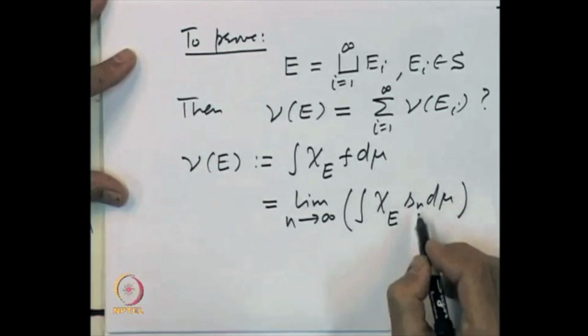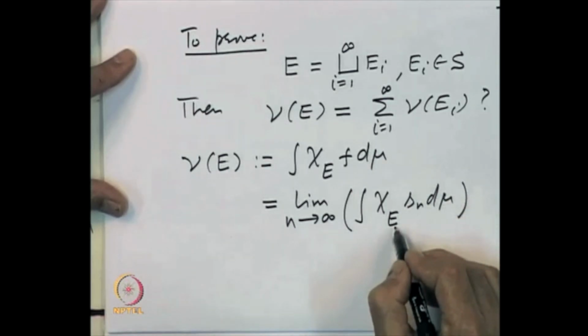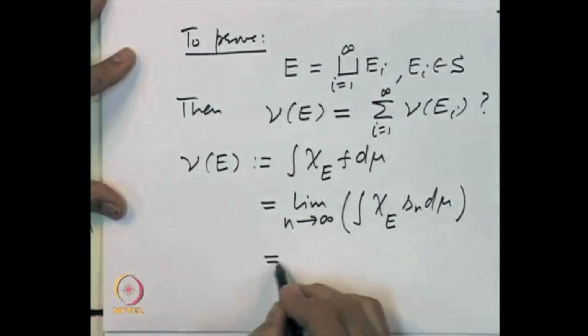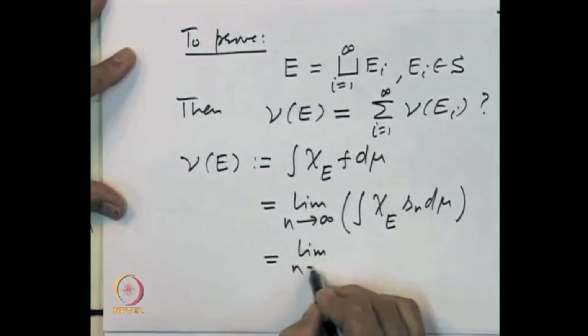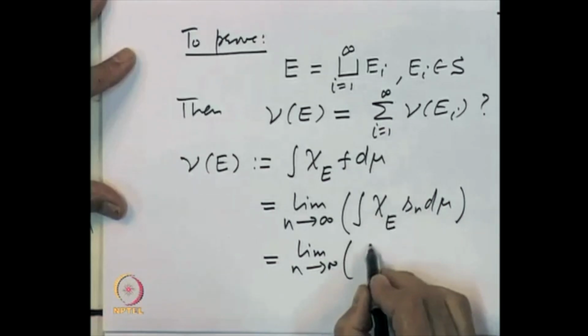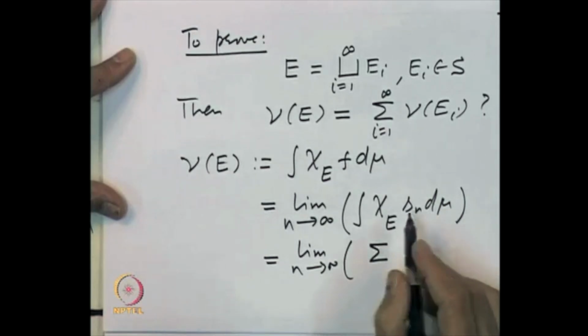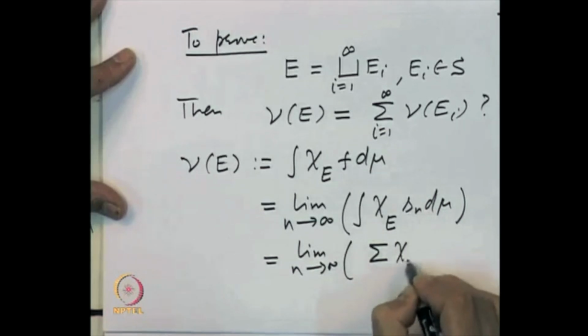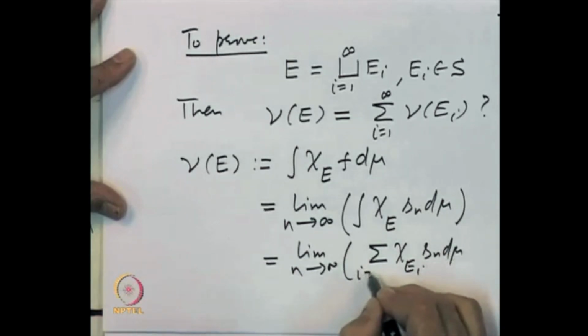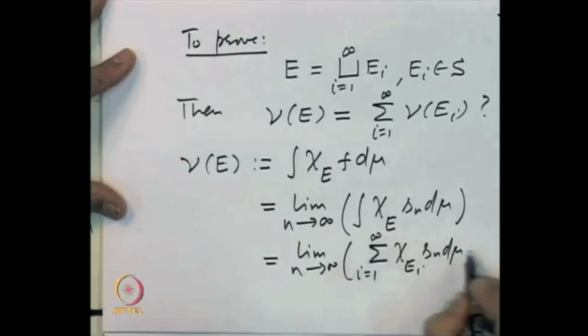And now this E is a disjoint union of sets Ei, so let us write this as the limit n going to infinity of the summation of the integral of chi Ei Sn d mu, i equal to 1 to infinity.